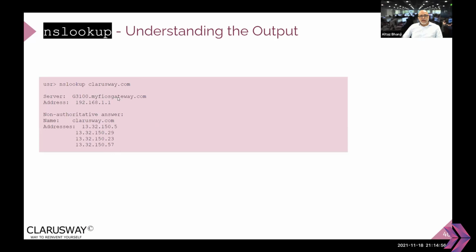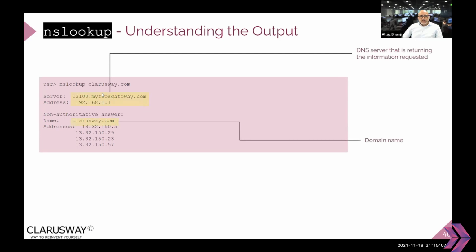This is when I had done it on my FiOS, and I got a different response with FiOS than I'm getting right now. So this is the DNS server that's returning your request. This is the domain name that you were asking for, and those are the IPs associated with that particular domain.